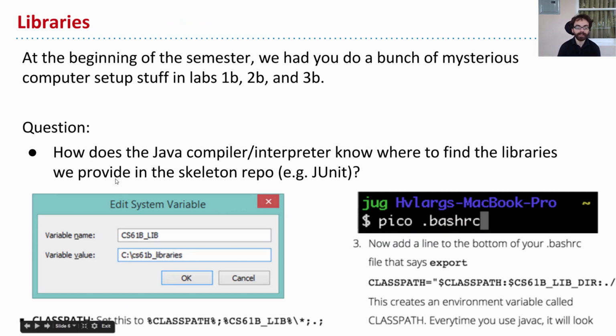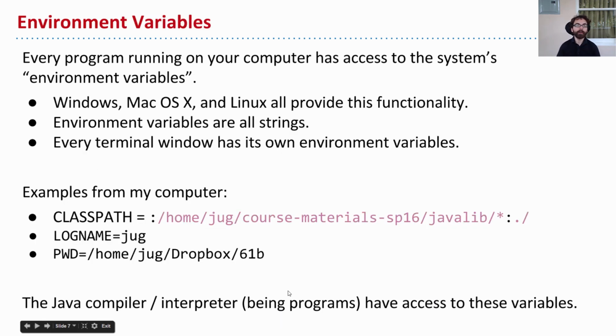But let's just say, what is an environment variable in general? Well, every program that's running on your computer has access to the system's environment variables. So Windows, Mac OS, Linux, all of those, there's basically a big chunk of information that any running program has access to. Environment variables are always strings, so there are no integers or whatever. And every terminal window has its own set of environment variables, its own copies.